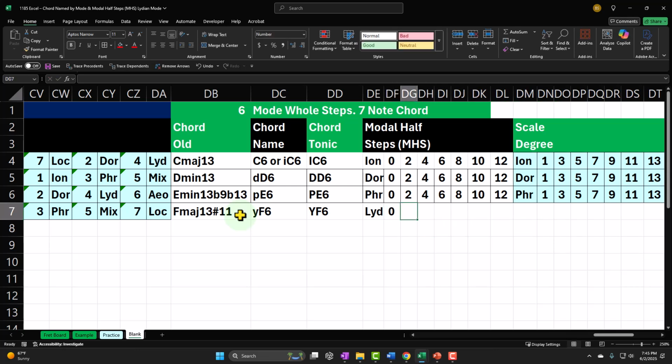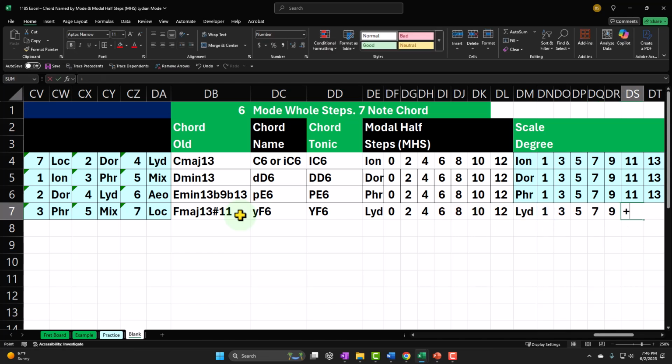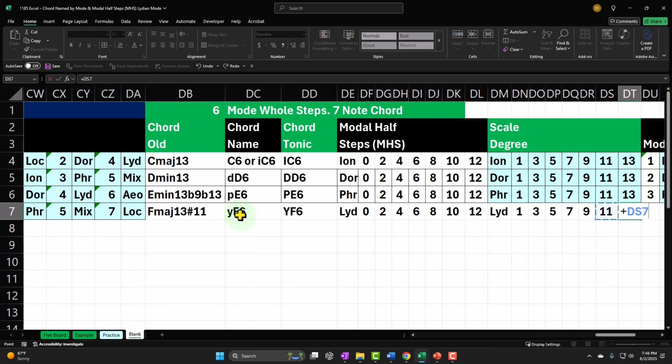Okay? So this is going to be 0, 2, 4, 6, 8, 10, 12. And then on a scale degree standpoint, it's going to be the 1, and then 1 plus 2, tab, 1 plus 4, tab, 1 plus 6, tab, 1 plus 8, tab, 1 plus 10, tab, 1 plus 12.